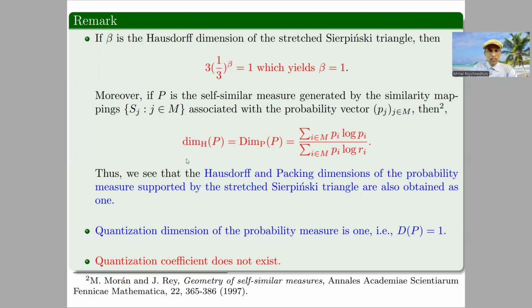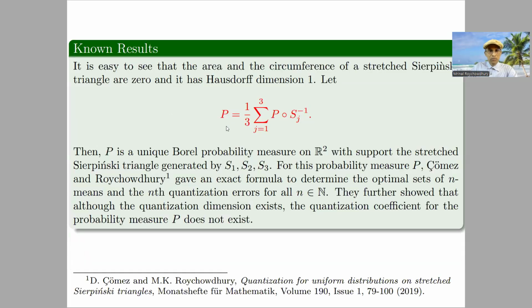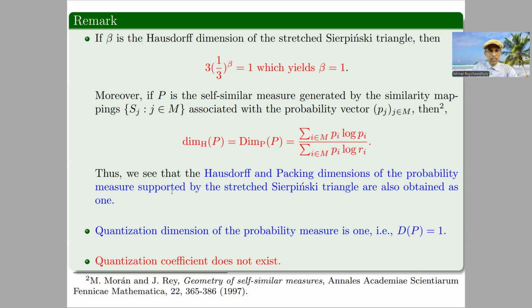Using this formula, we see that the Hausdorff dimension and packing dimension of the probability measure P supported by the stressed Sierpinski triangle are also obtained as 1.